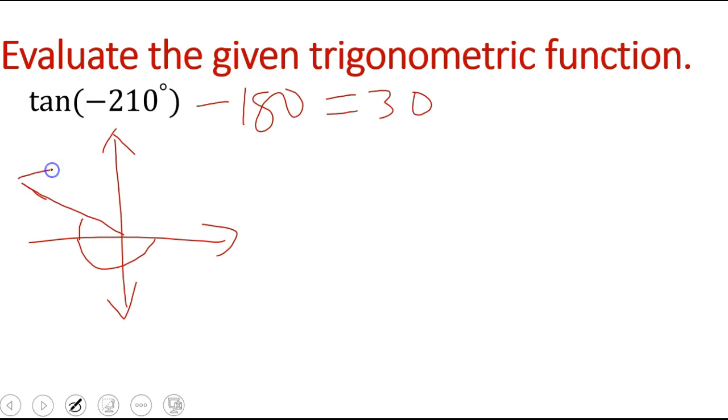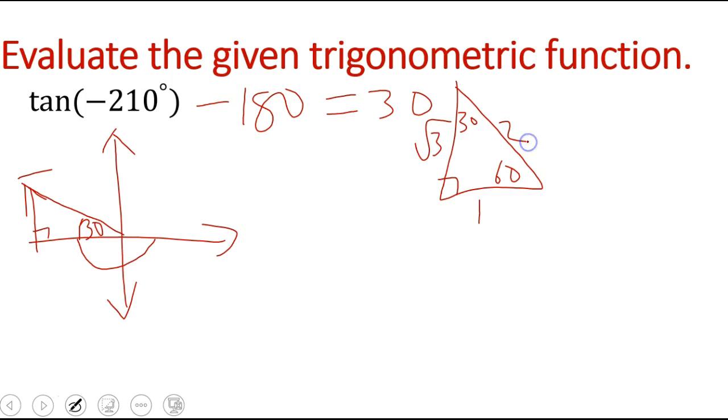That gives us, it's going to be in the second quadrant. Okay, this is 30, and it is a reference angle because it makes the angle with the x-axis. So we are using it. Again, in the 30-60 degree triangle, the 30 is 1, opposite 60 is square root of 3, and the hypotenuse is 2. That's the ratio.